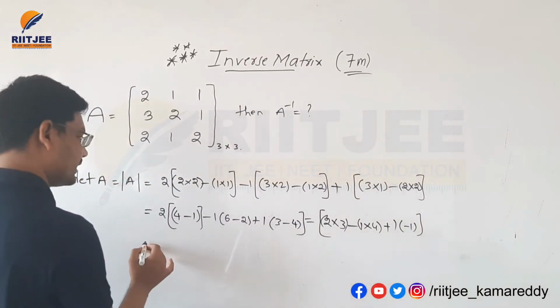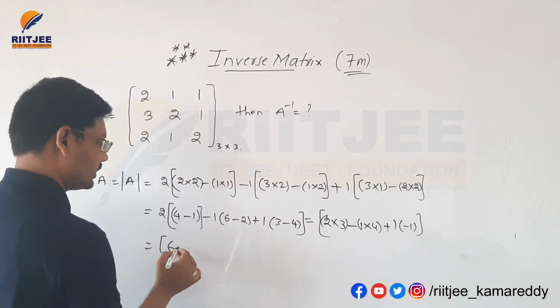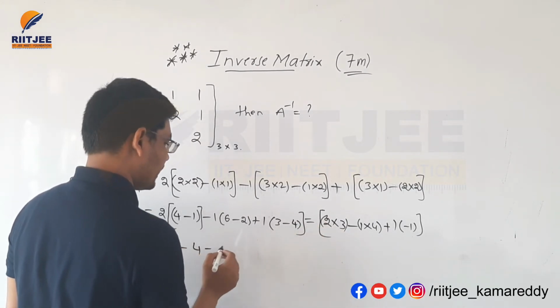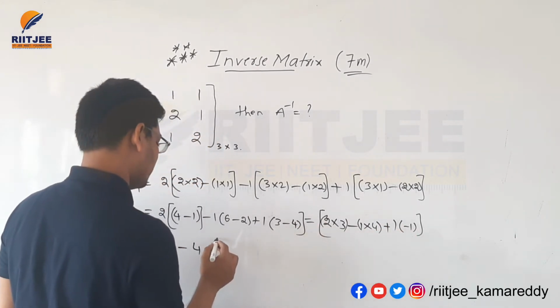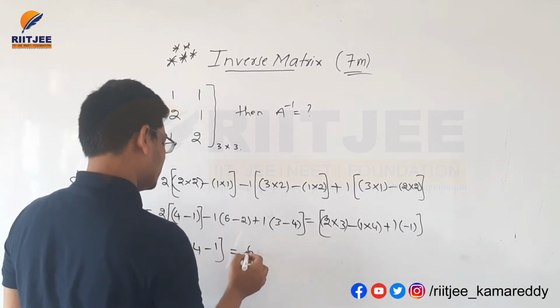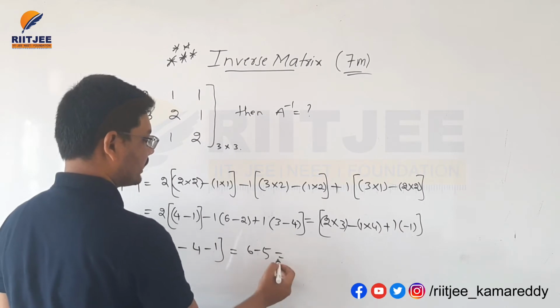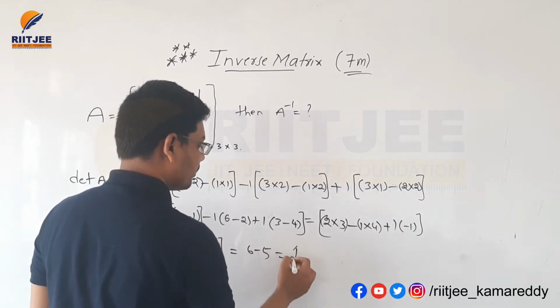Here the final answer is 6, 1 into 4 is 4 minus 1, 1 into minus 1, minus 1. See here, 6 minus 5 minus 4 minus 1, that is equal to minus 5, 6 minus 5, that is equal to 1 here.